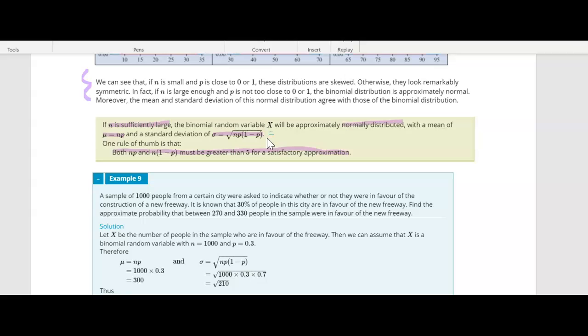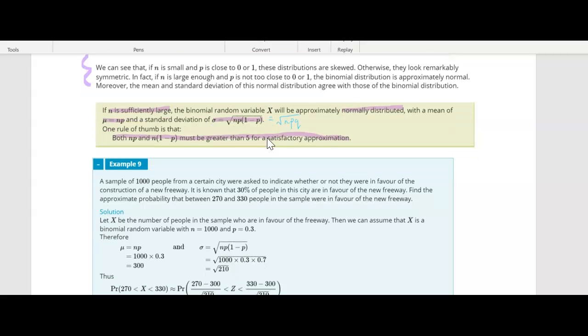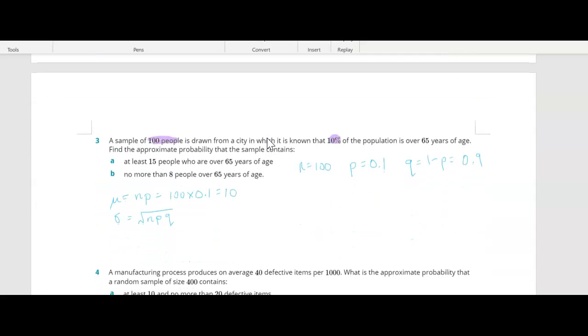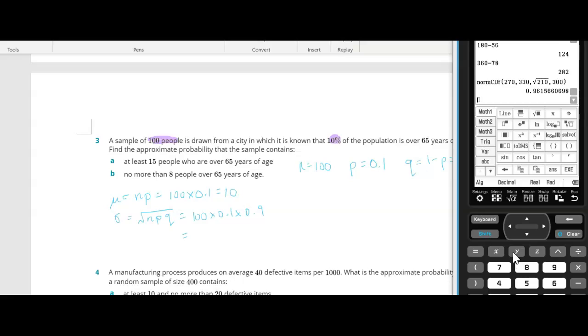So this is equal to the square root of n p q. Just writing q because it takes up less space. And all right, so we're going to have 100 times 0.1 times 0.9. All right, so we'll do that on the calculator. All right, so we get 9.